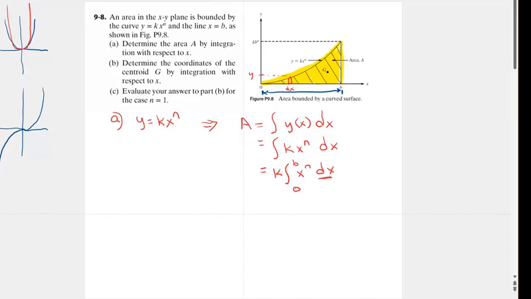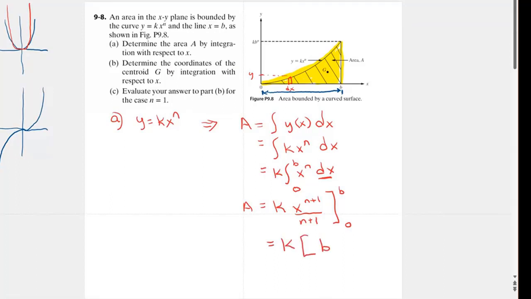If I integrate this, our area is going to equal k times x to the n plus 1 over n plus 1, and we're going to evaluate this between 0 and b. That's what x is going to equal, some number between 0 and b. We can say this is k, and we first plug in b.